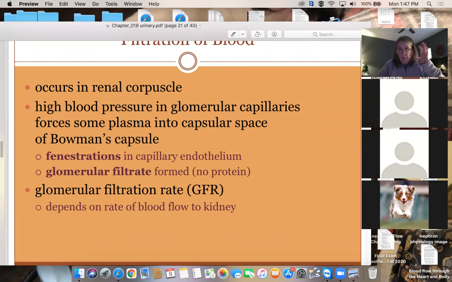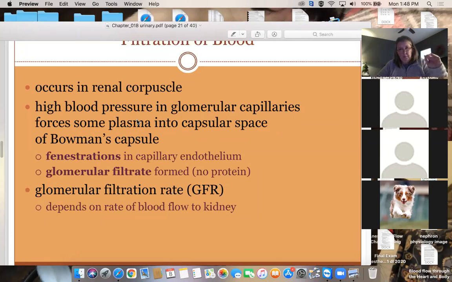An animal with high blood pressure could have an increase in their GFR because the blood is coming to the kidney under higher pressure. And on the flip side, if an animal is suffering from low blood pressure, there could be an issue. Remember I said blood pressure has to be at least a mean of 60, if we were measuring it on a monitor, to ensure blood is sent to the kidney.